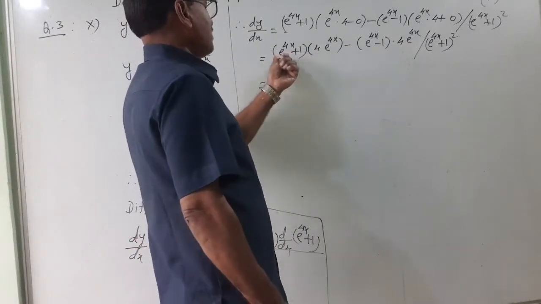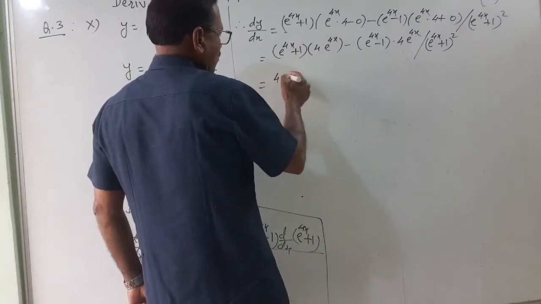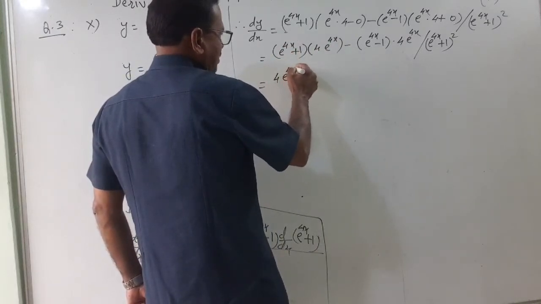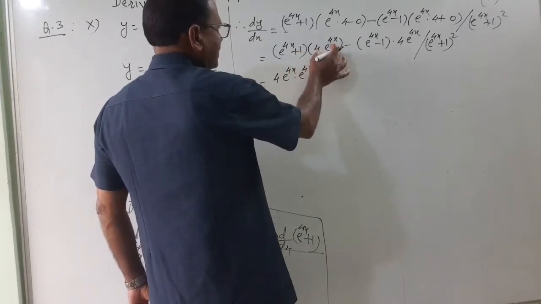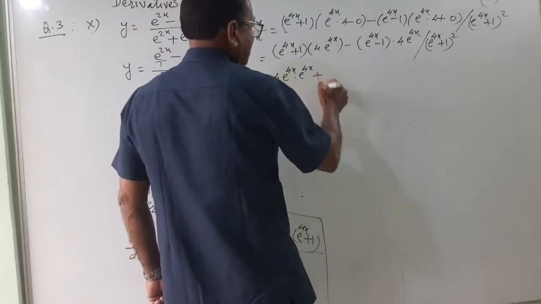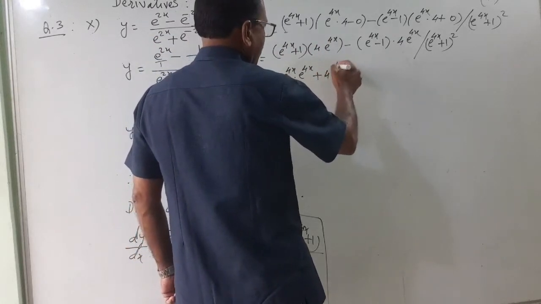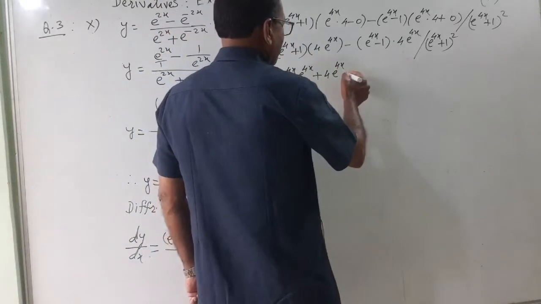Now I will multiply. 4 e raised to 4x into e raised to 4x, by this I have multiplied this. Now by this I am going to multiply this plus 4 into e raised to 4x. 1 multiplied by minus.